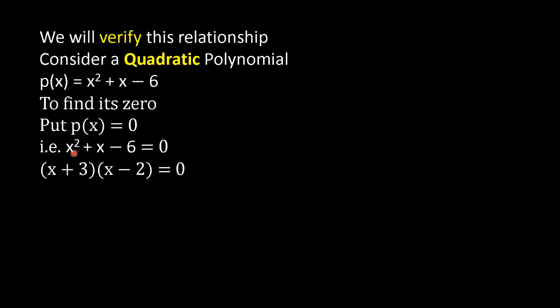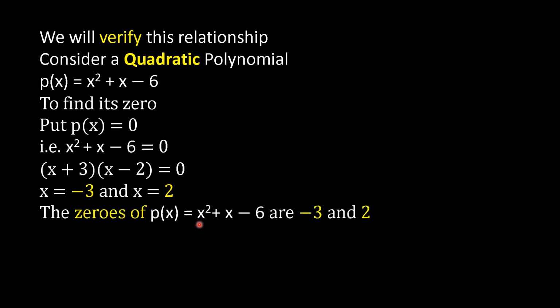To find its zeros, we will put p(x) = 0, that is x² + x - 6 = 0. We will find factors of this quadratic polynomial, which are (x + 3) and (x - 2) = 0. It gives us x = -3 and x = 2. The zeros of p(x) = x² + x - 6 therefore are -3 and 2.